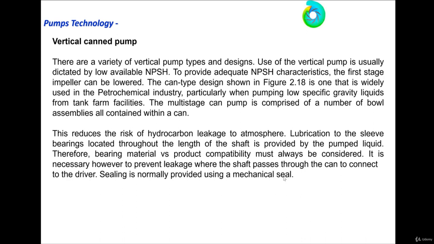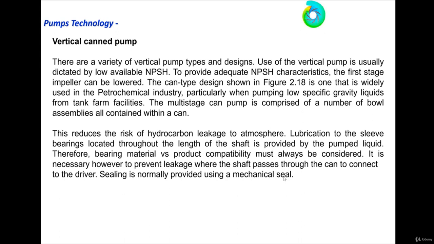There is no pump used to make a suction lift, like making the horizontal pump above ground with the piping down to make a suction lift. No, we don't rely on this configuration in pumping system design. So we use it in the sump. There is an open drain system, and in the closed drain system there is a vessel, there is a sump. We use a vertical pump for this sump.